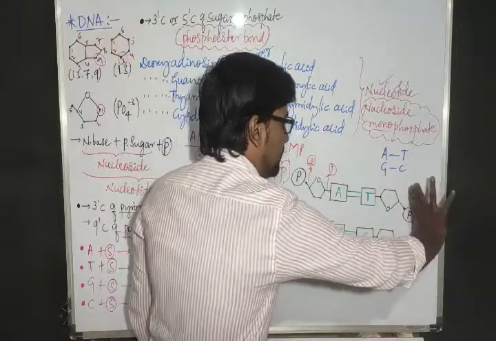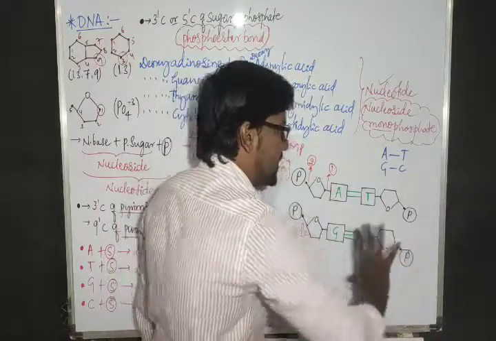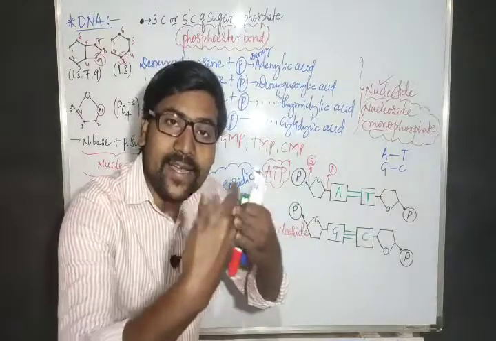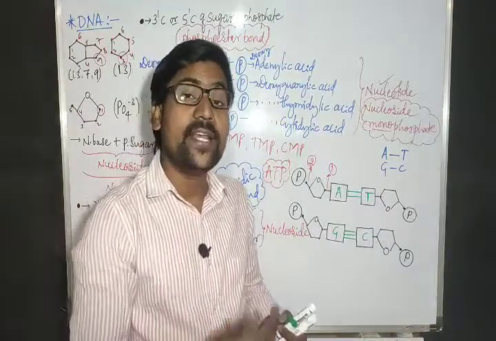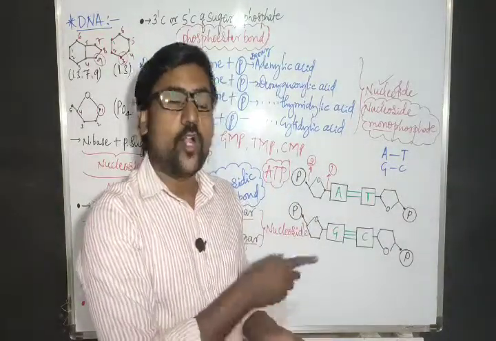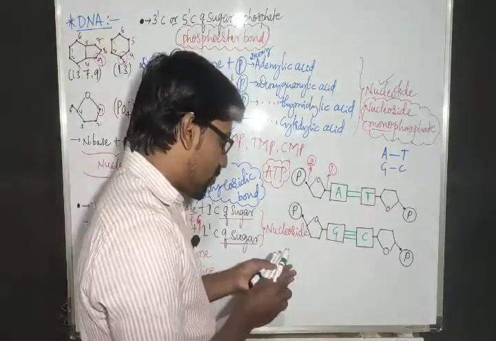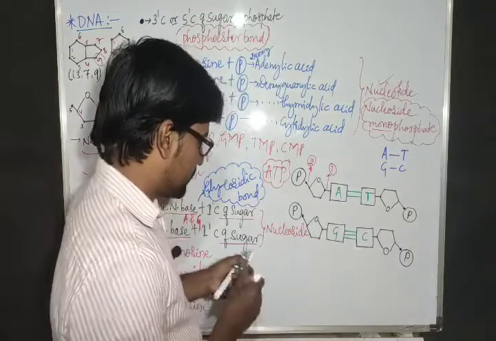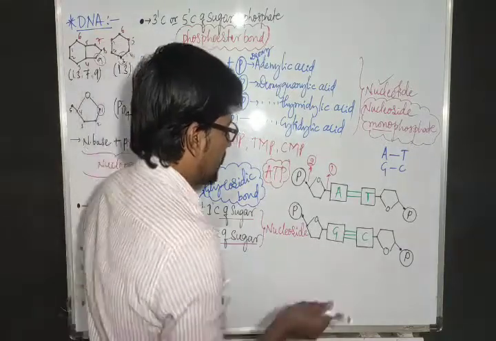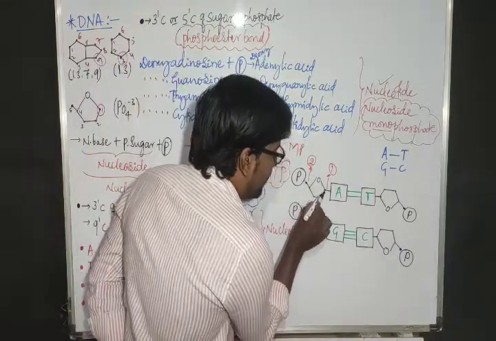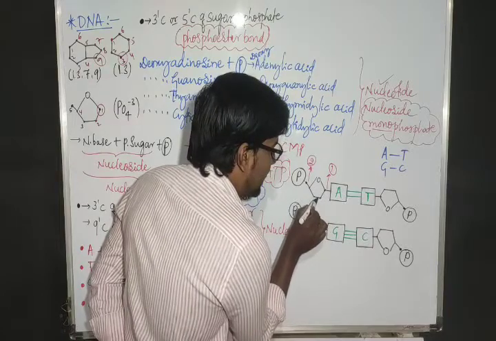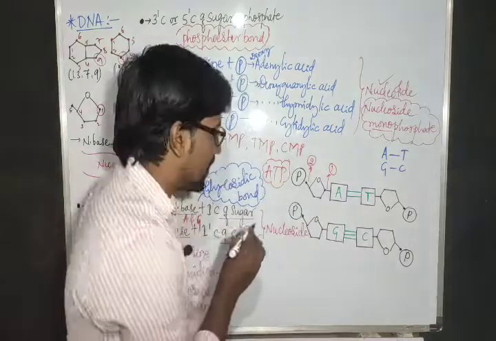Now, this is one base pair. This is one base pair. Base pairs should be connected. To connect the base pair, what is the carbon here? This is first carbon, second carbon, third carbon.